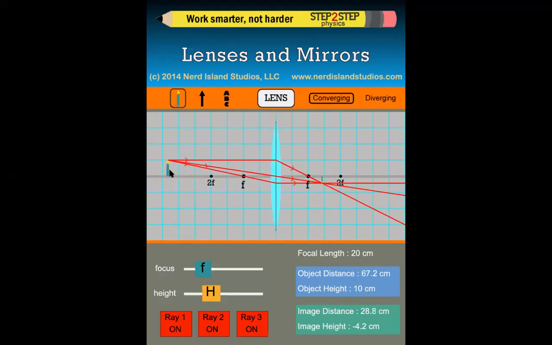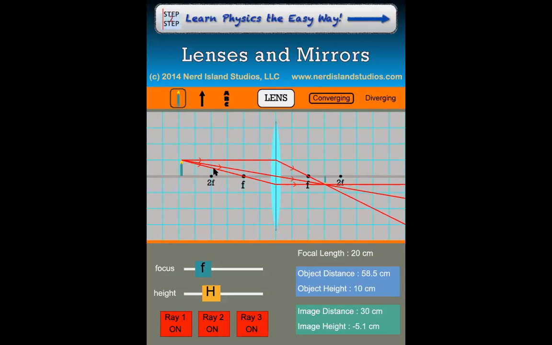And we don't want that to happen in our eye because your retina is always the same distance away. You want the image to always appear right at the back of your eye. So the lens has to change focal distances so the image always appears right at the back of your eye, depending on whether you're looking at something close to you or far away from you.